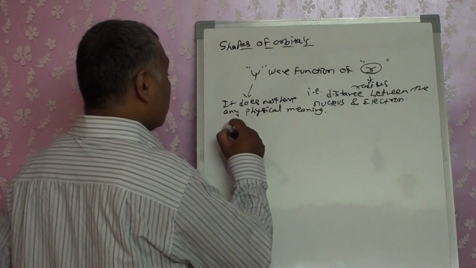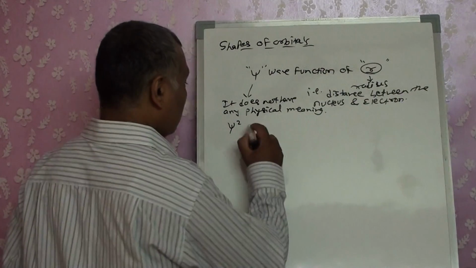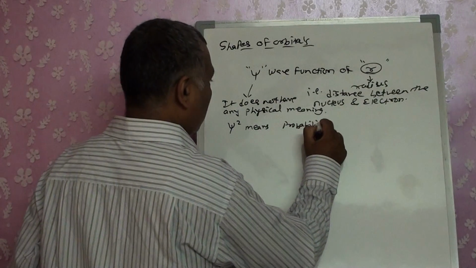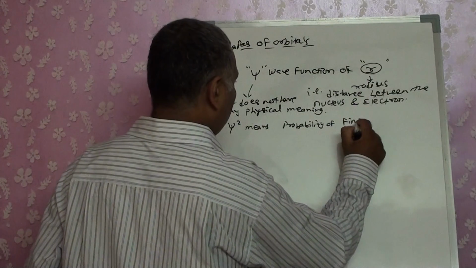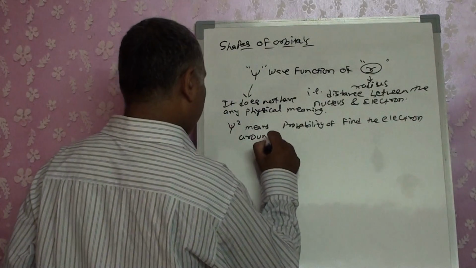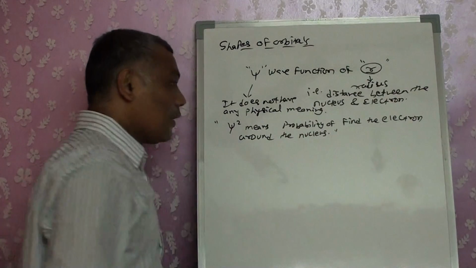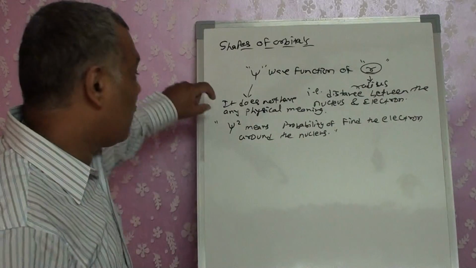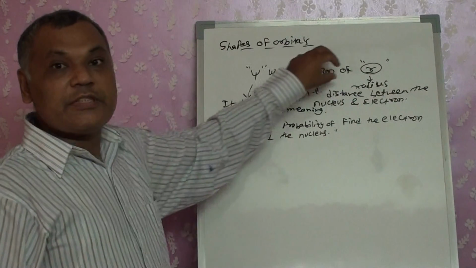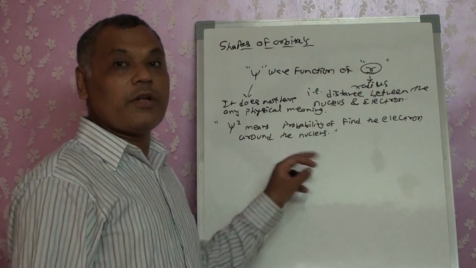But when its square is taken, that is, when the value of the wave function of R, psi, is squared, it indicates the probability of finding the electron around the nucleus.